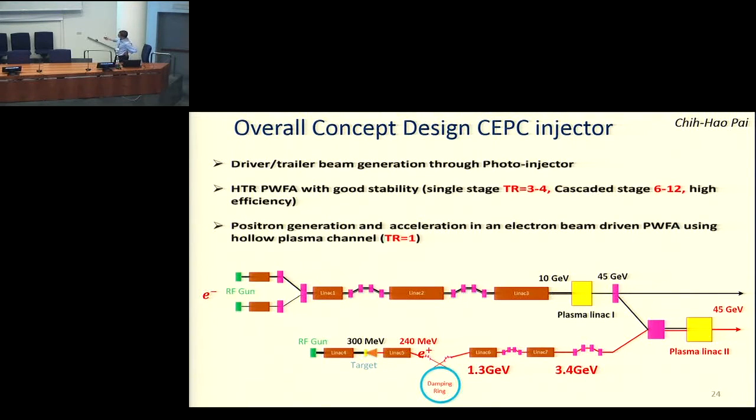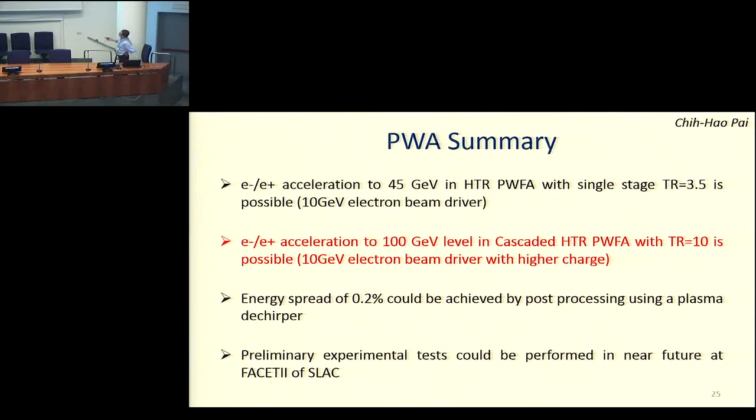Another scheme is using a shorter injector of about 3.4 GeV, adding plasma linac 2 to get 45 GeV. And for electron-positron acceleration to the 100 GeV level in cascaded HTR PW vacuum field acceleration, it's possible to get a 10 GeV electron beam, maybe to more than 100 GeV.